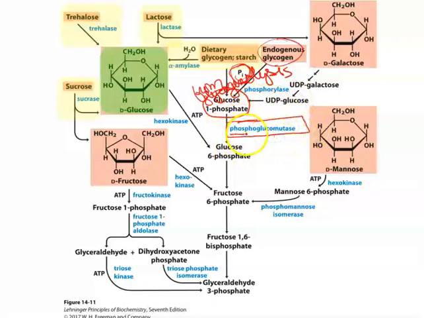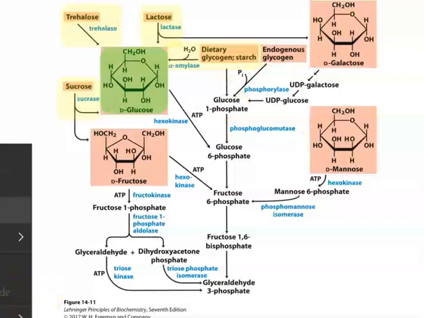phosphoglucomutase. So phospho has a phosphorus. Glucose. Mutase, like mutate, change. So this enzyme is essentially going to move the phosphate from carbon 1 to carbon 6, but warning, it's not the same phosphate. And you'll see that when we look at the mechanism of these mutase enzymes.